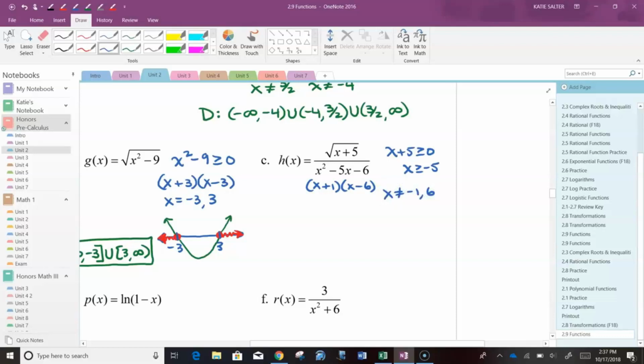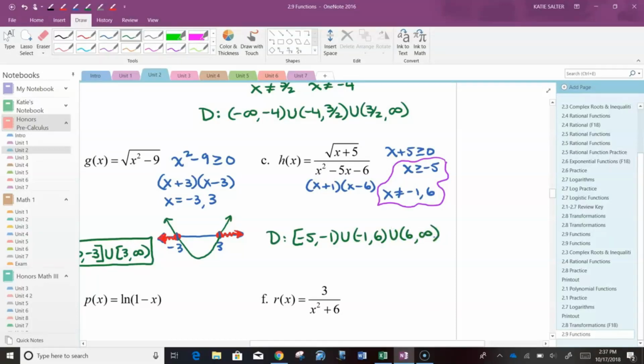So we now have to put all of that together because it has to satisfy the fact that x has to be greater than or equal to -5, and also x cannot equal -1 and x cannot equal 6. So in this case, our domain is going to be from -5 up to -1 in union with -1 to 6 in union with 6 to infinity.